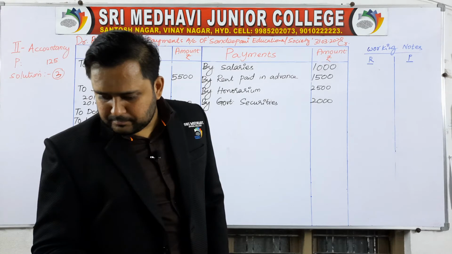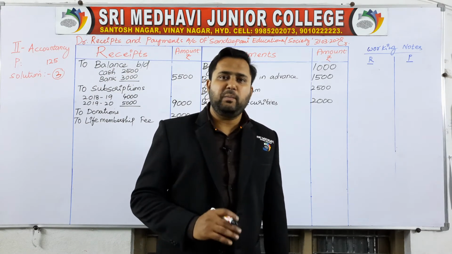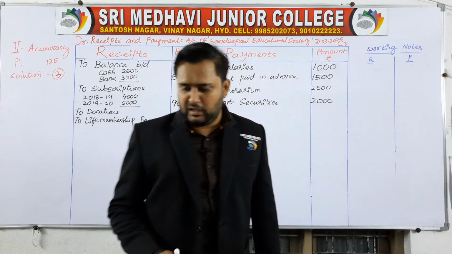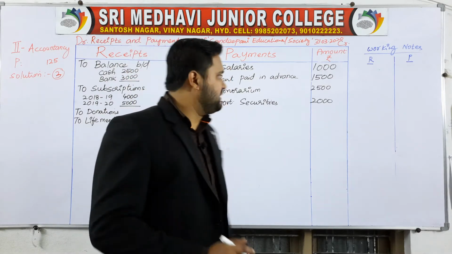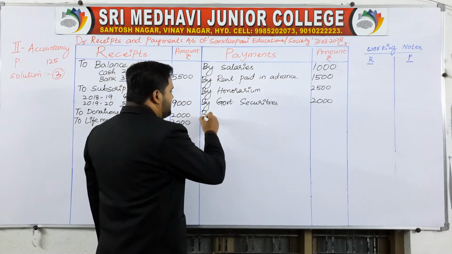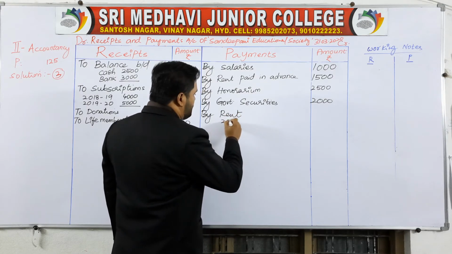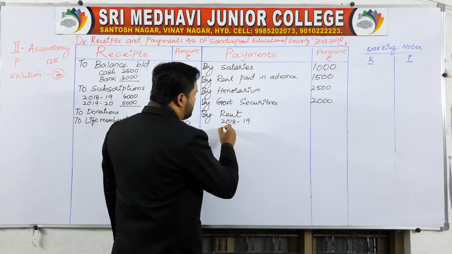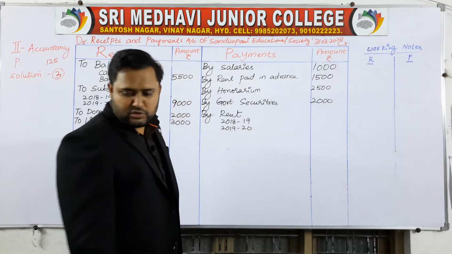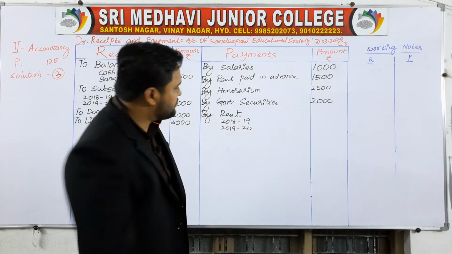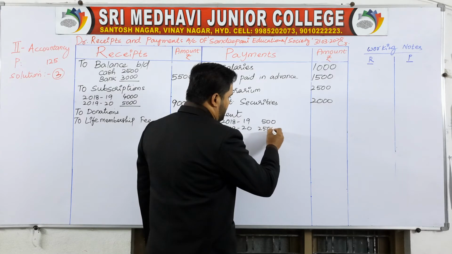Next, rent paid for the year 2018-19 and rent paid for the year 2019-20 is 500 and 2500 respectively. So you have paid rent: by rent 2018-19 and 2019-20. How much have we paid? 500 and 2500.